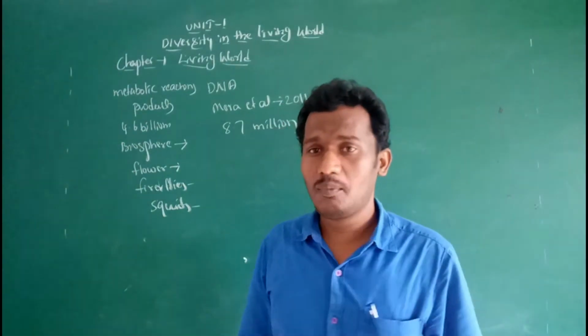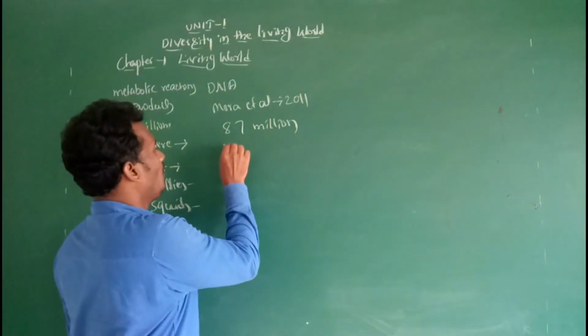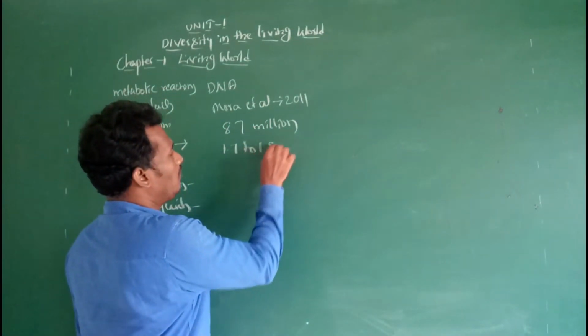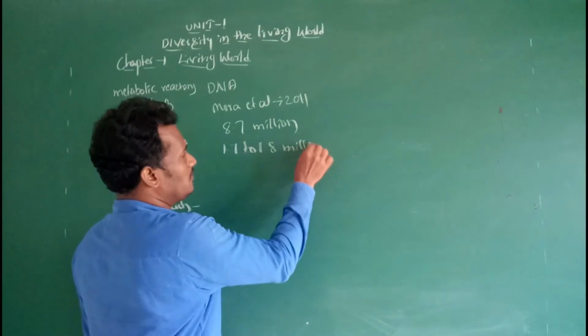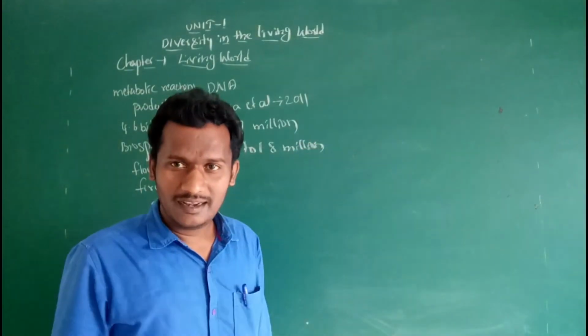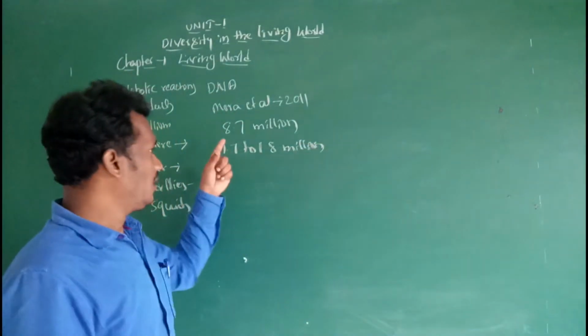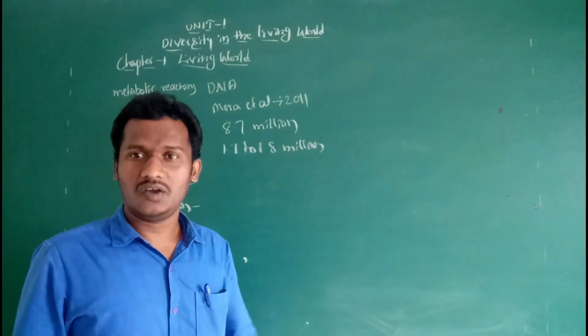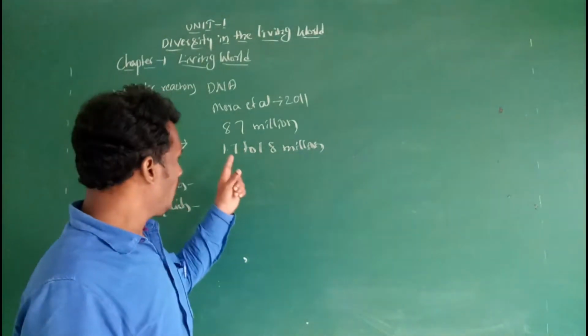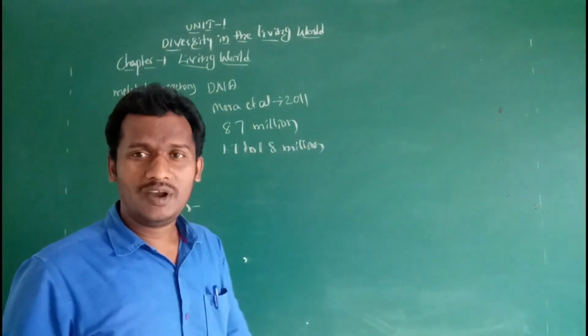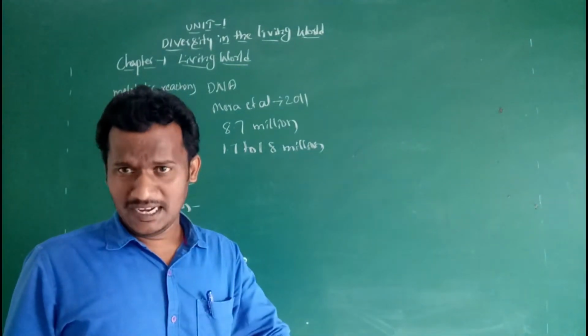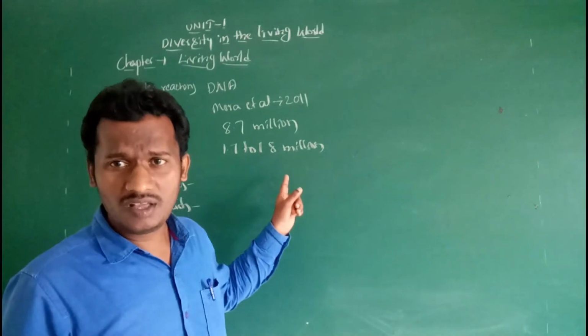So out of these 8.7 million, 1.7 to 1.8 million species are identified and described. Out of the 8.7 million estimated species, 1.7 to 1.8 million are identified and described known species.